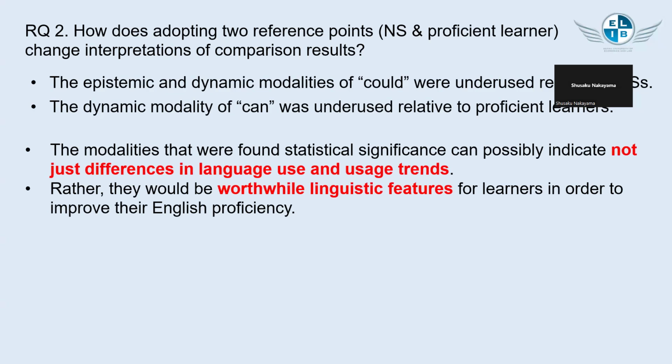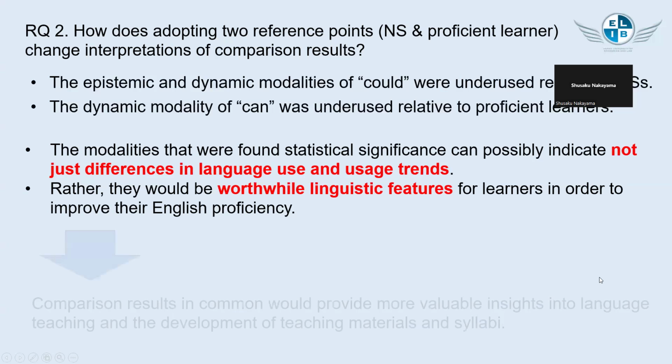That is, several of the modalities were underused by learners relative to not only native speakers, but also proficient learners. These findings can possibly indicate not just differences in language use, rather, they would be challenging but worthwhile linguistic features for learners, because those are what native speakers and proficient learners often use, and therefore must be useful in speaking.